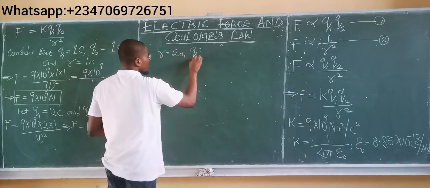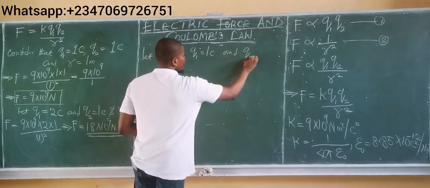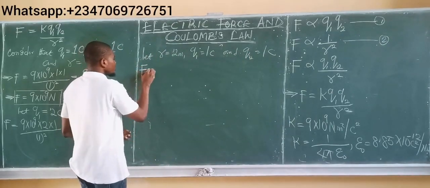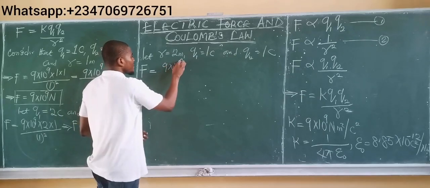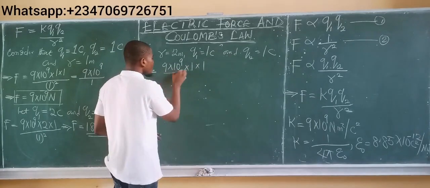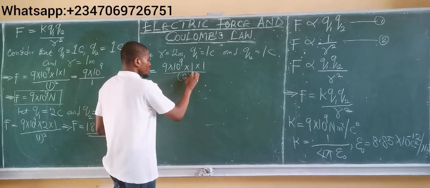Now we are keeping q1 as 1 coulomb, and you're keeping q2 also as 1 coulomb. So from the force of attraction, you simply have, remember k is 9 by 10 to the power of 9, q1 is 1, q2 is 1, all over r squared. Now r is 2, so you have 2 squared.